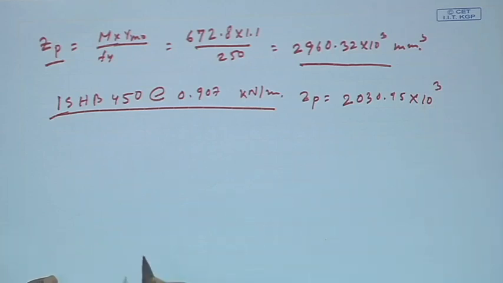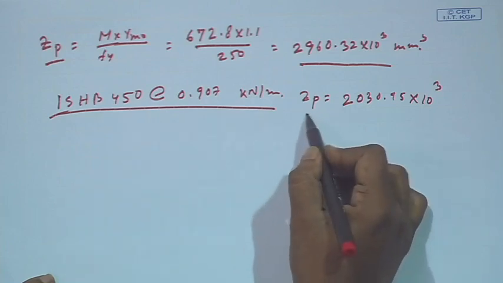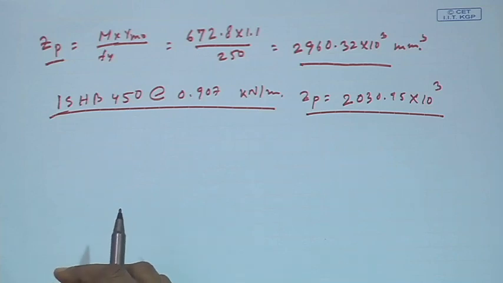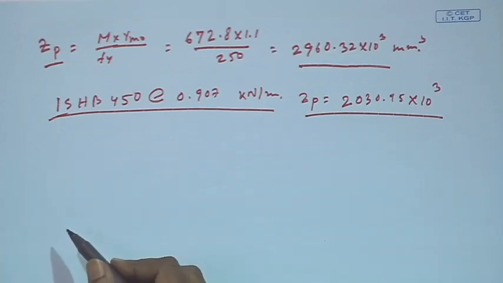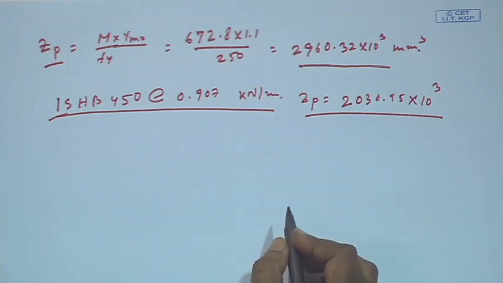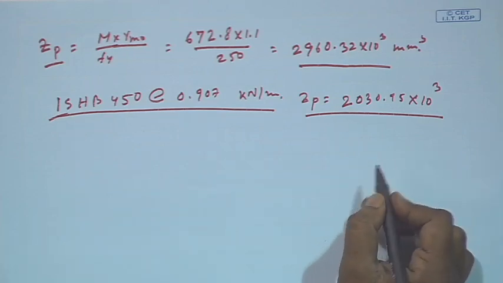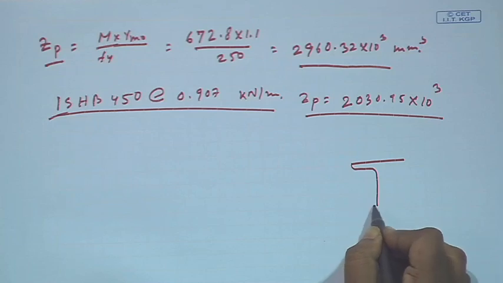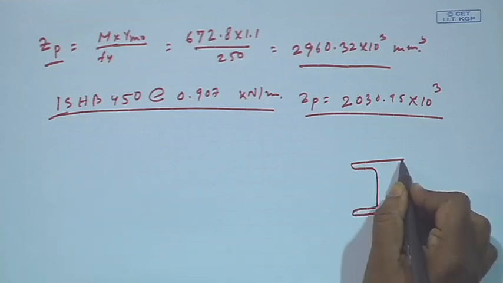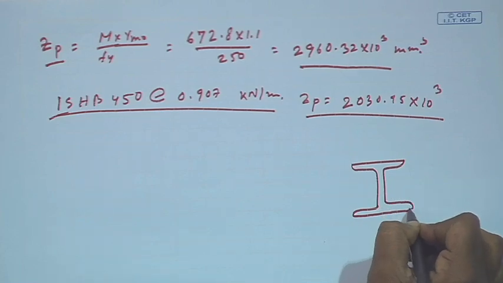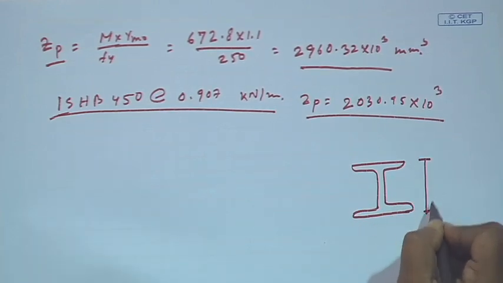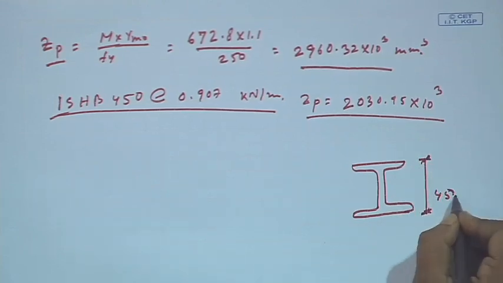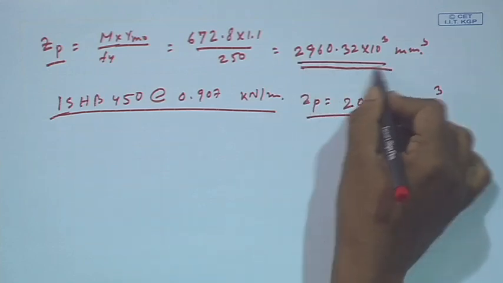So, the plastic section modulus of ISHB 450 is becoming this, and we cannot go beyond this size, because the maximum depth is restricted to 500 mm. Therefore, what we can do? We can strengthen with an additional plate to provide the required plastic modulus. That means we have a section with a depth of 450 and it could go up to 500, but up to 500 we cannot achieve this required section modulus.